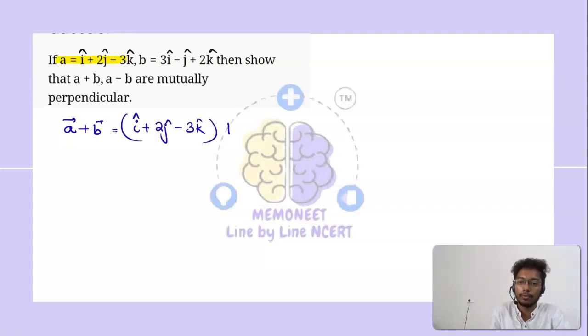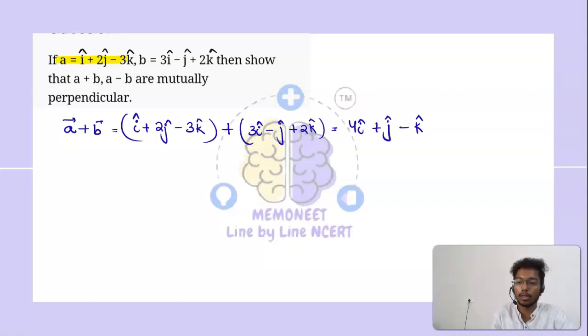added with another vector, that is B vector, 3 I cap minus j cap plus 2 k cap. So we'll have I summed with I, that is 4 I cap, and plus j cap, since 2 plus minus 1 is plus j cap, and minus 3 plus 2, that is minus k cap.